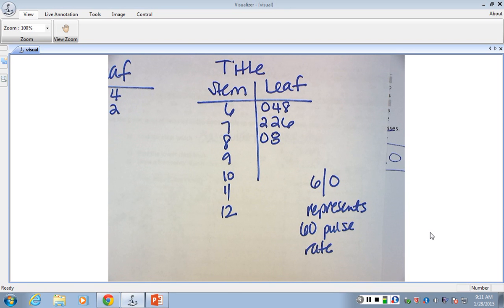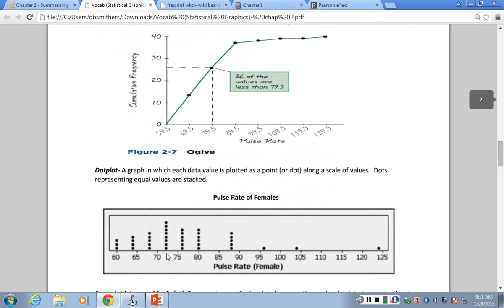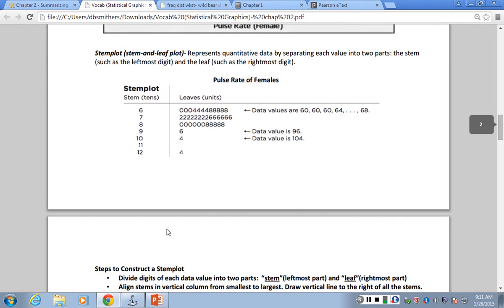Is that okay? So now when you look back at your class notes, this is now how they got this. This is the pulse rates of females. Notice all the leaves are in order, right? Now, the nice thing about a stem and leaf plot, you don't lose any data, do you? I have the exact values of everything written in this graph, okay?